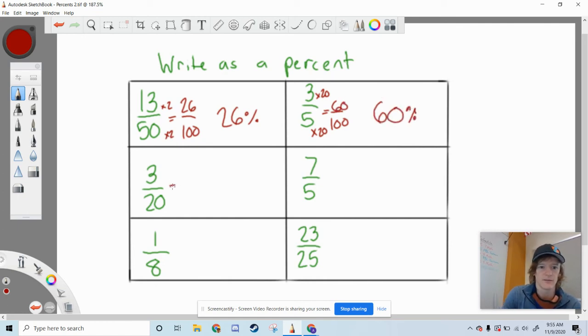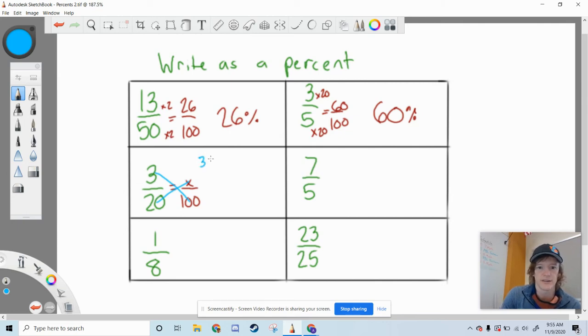The next one, I want to set this up as a proportion, and I want to solve it like this. You've probably done this before. I know that Mr. Mama probably teaches you how to solve proportions like this by multiplying these and multiplying these and setting them equal to each other.